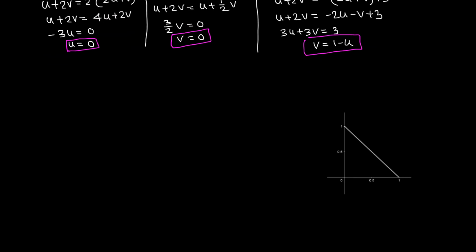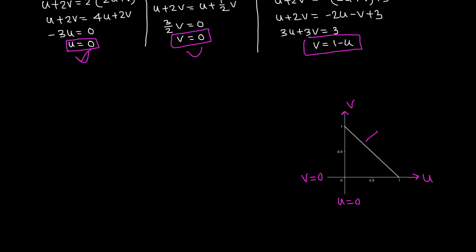So here I have graphed this. This is the u axis, this is the v axis. The u axis means v equals 0, and the v axis means u equals 0. These are the first two. Next, v equals 1 minus u, it's kind of like y equals 1 minus x.